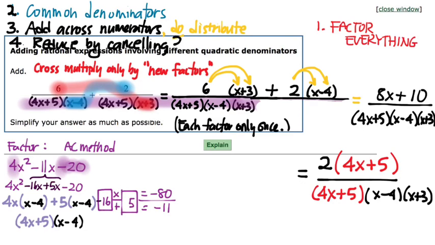We had a factor of 4x plus 5 upstairs, and we have a factor of 4x plus 5 downstairs. And only when we have a common factor upstairs and downstairs can we cancel that common factor and get us to our final answer: 2 over x minus 4, x plus 3.